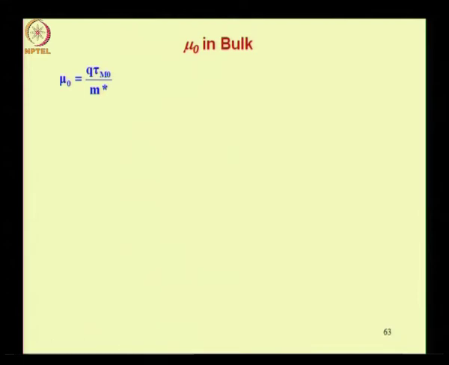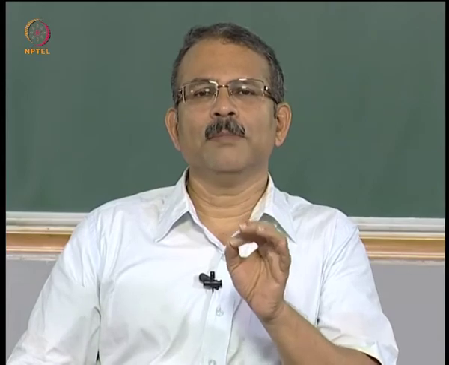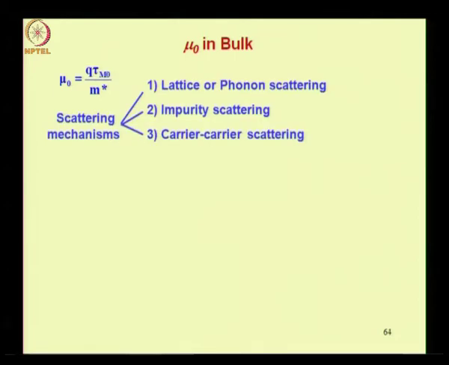If you are talking about electrons specifically, we will replace m star by m suffix n, and if it is holes it is m suffix p. The scattering mechanisms which affect this mobility are lattice or phonon scattering, the impurity scattering and carrier scattering. We have pointed this out earlier.